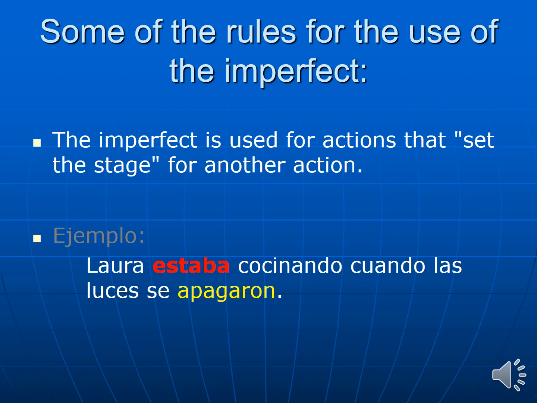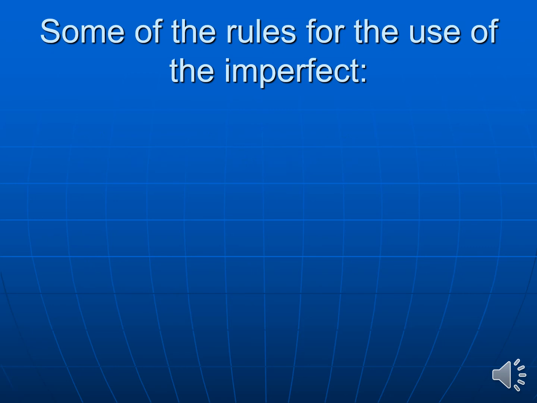So when we're setting the stage for something that somebody was doing, when something else interrupts that action, then the first verb, setting the stage, is the imperfect tense. Whereas the second past tense verb that interrupted that action would be in the preterite tense. Laura estaba cocinando cuando las luces se apagaron.